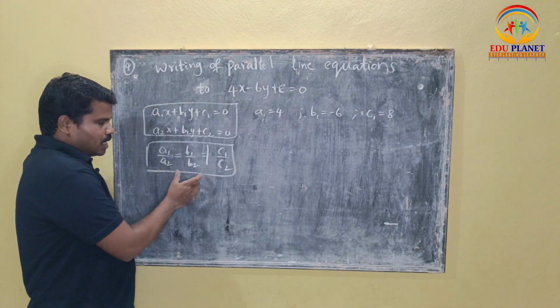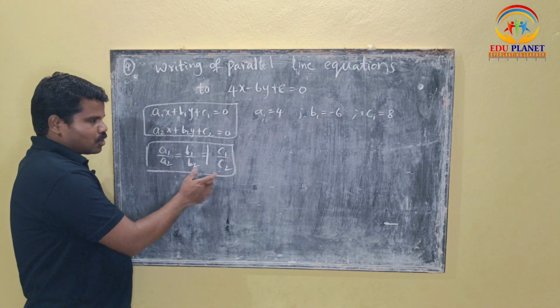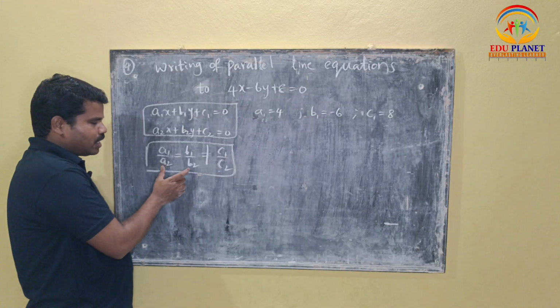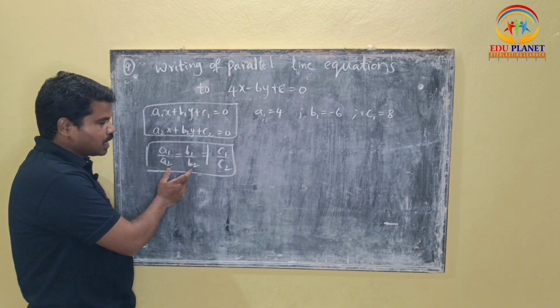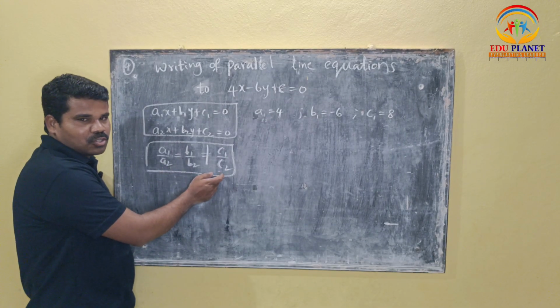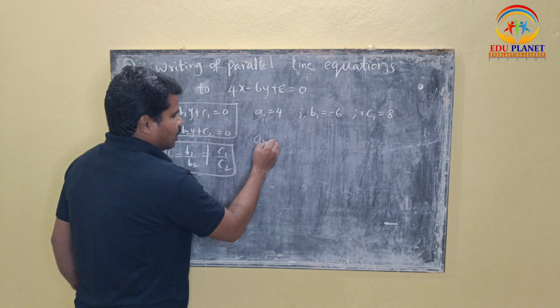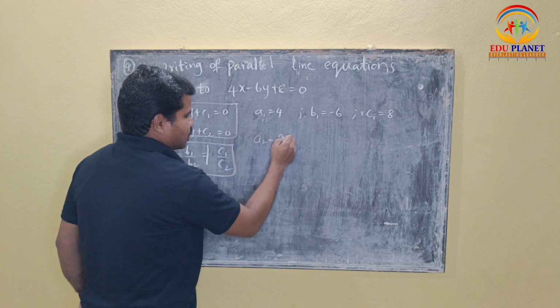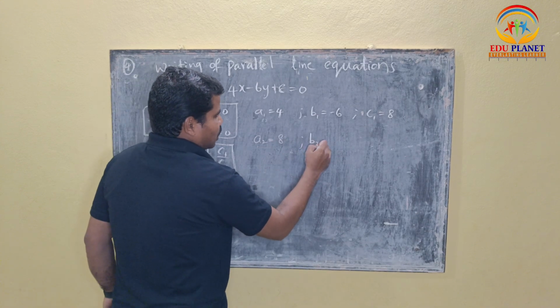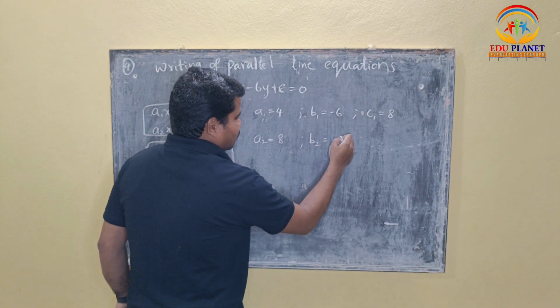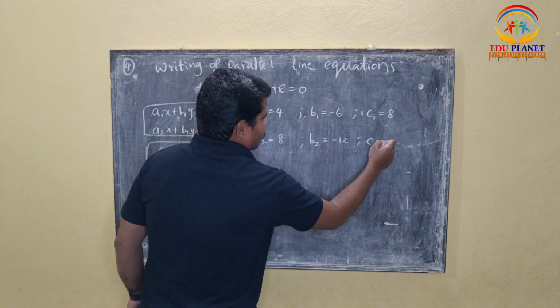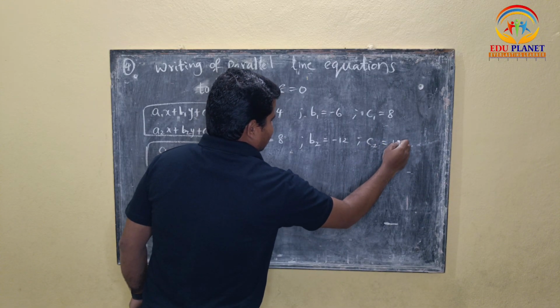So see here, we should follow this condition. The ratio of a value should be equal to the ratio of b and should not be equal to the ratio of c. I am going to write doubling values. The a2 value is nothing but 8, and the b2 value you can simply write as minus 12. The c2 value is your wish, any value you can write.